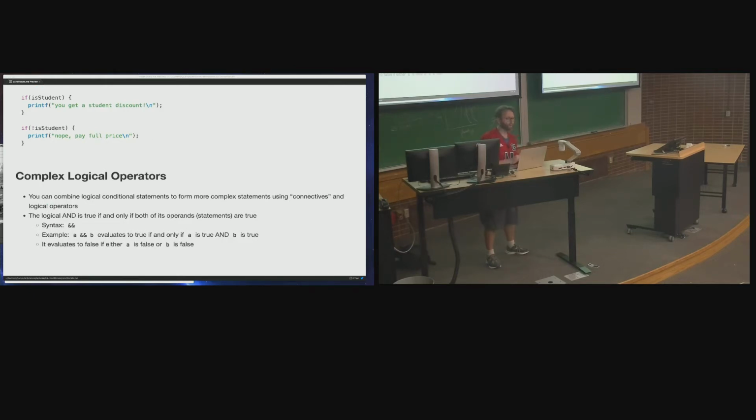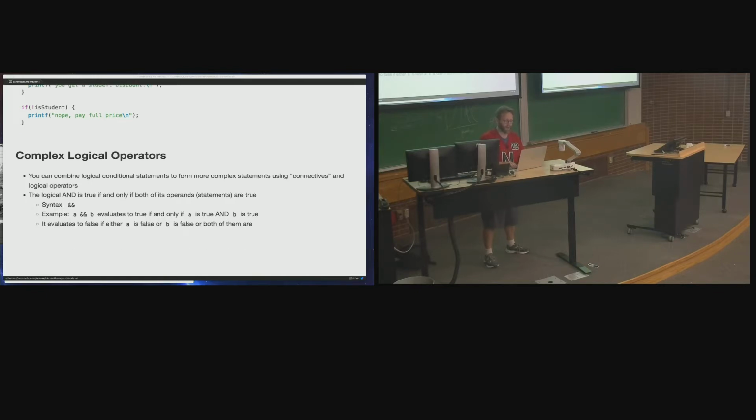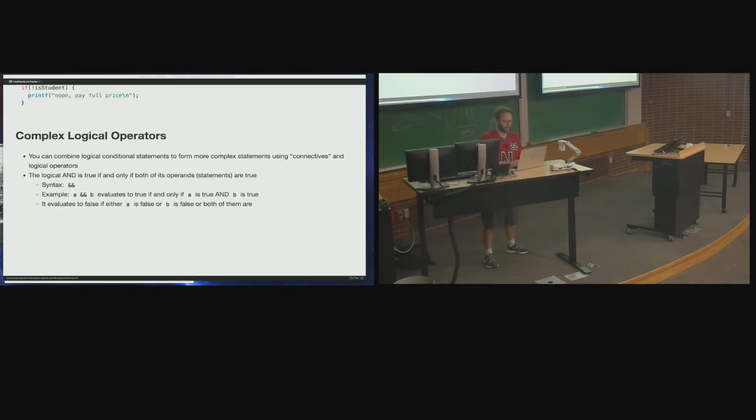There are actually four possibilities. They could both be true, in which case and evaluates to true. One or the other could be false, so true, false, or false, true, in which case it evaluates to false. The last possibility is they're both false, in which case and evaluates to false. We'll look at a more complex example in a second after we've got its brother here.